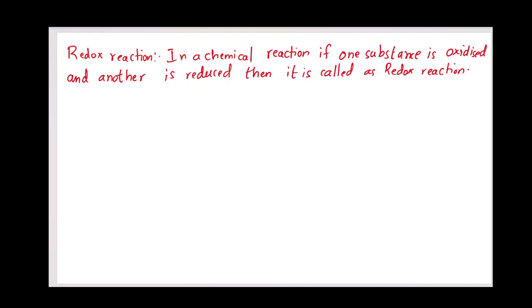Okay, so this kind of reaction is called a redox reaction. Now what do you mean by redox reaction? In a chemical reaction, if one substance is oxidized and the other is reduced, then it is called a redox reaction.